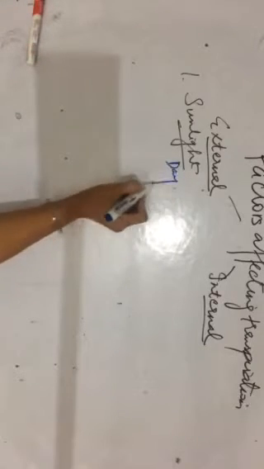Firstly, external factor number one is intensity of sunlight. Sunlight intensity means how much sunlight is present, that will affect transpiration. How? Because when is the sunlight more? Obviously in the day. During the day the sunlight is more. Why sunlight is more, we can't answer here, but during the day when sunlight is more, the stomata remain open so as to take in carbon dioxide.